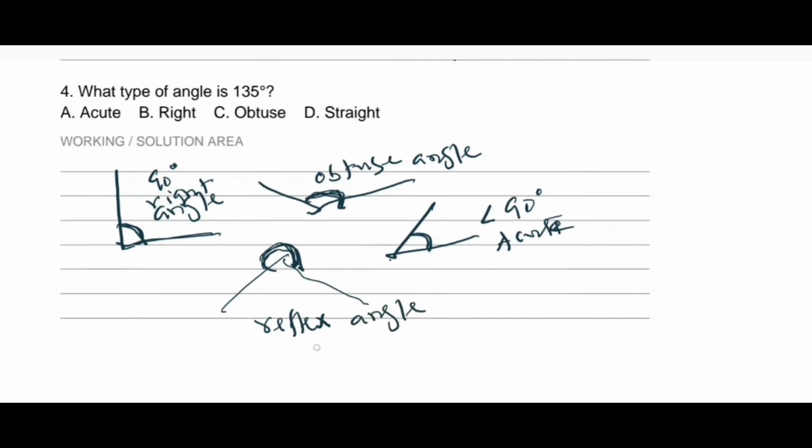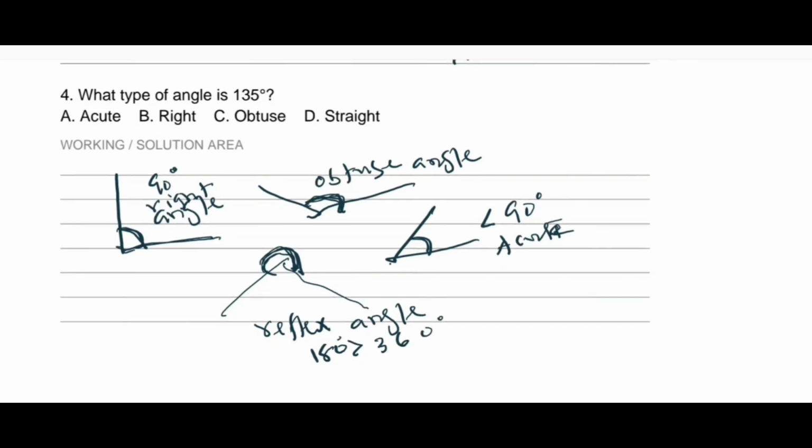So that is more than 180 degrees, but less than 360 degrees. This one is more than 90 degrees, but less than 180 degrees.